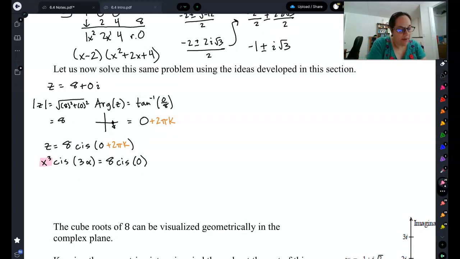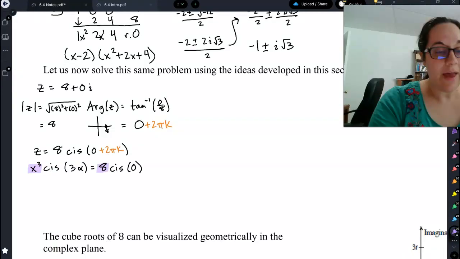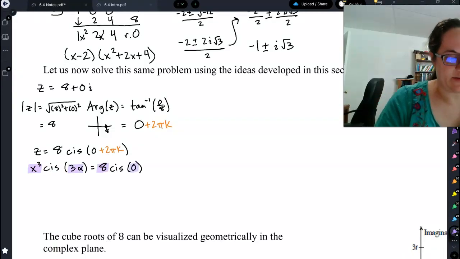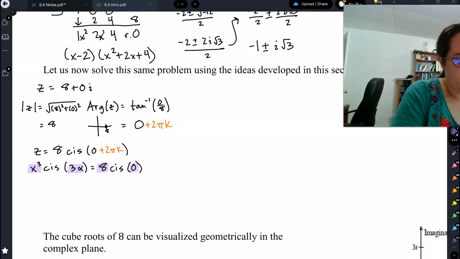So I have x cubed is going to go with my 8, and I'm going to do this 3 alpha. And I'm going to line up my thetas. So I have x cubed equals 8 and 3 alpha equals 0 plus 2 pi k.